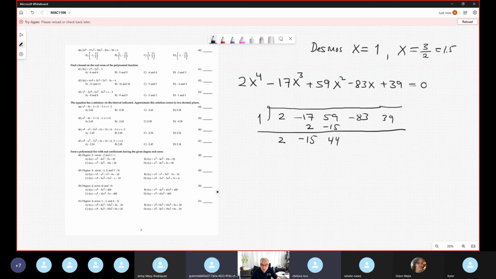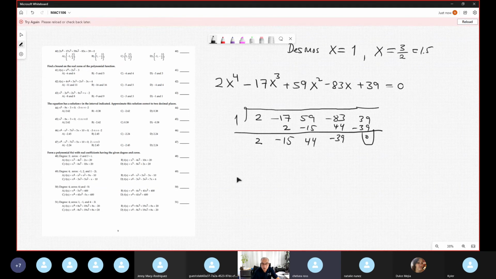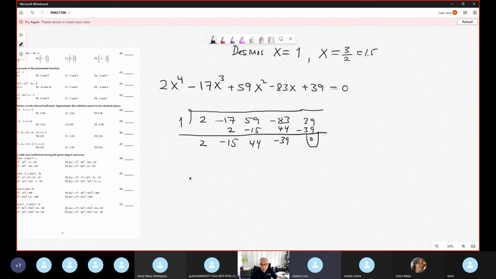Yeah, makes sense. And 44 times 1 is only 44. And minus 83 plus 44 is negative 39. Multiplication by 1, negative 39. 0 remainder. Therefore, I prove using synthetic division that at x equal 1 is a zero and the factor is x minus 1.